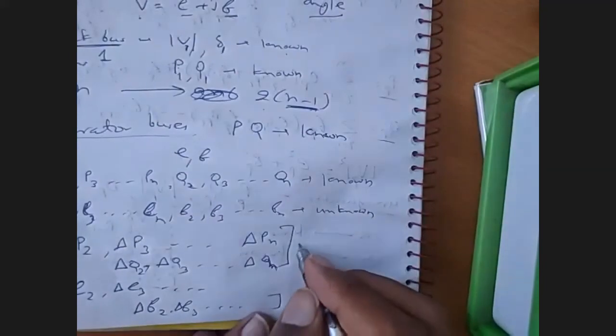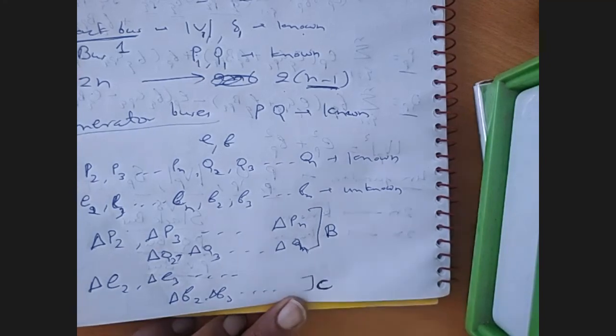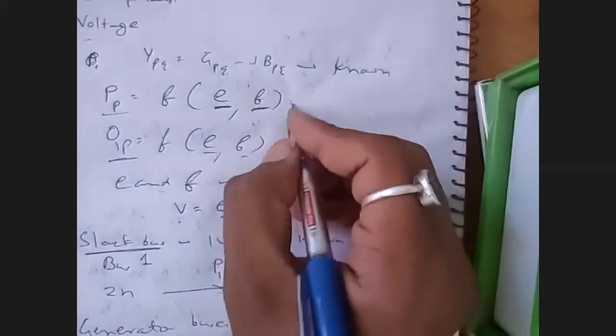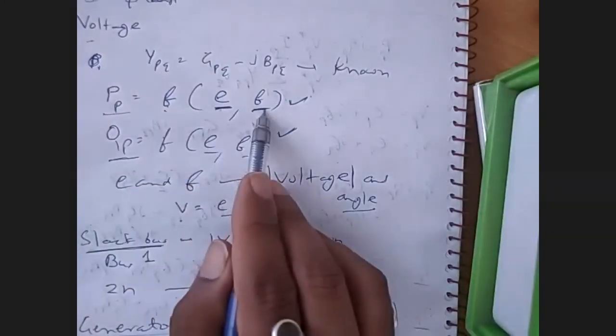So these are your B matrix, and this will be your C matrix. And J will depend on this. It will be a function of E and F. So the equation will be delta P2, delta P3 up to delta Pn, delta Q2 up to delta Qn.